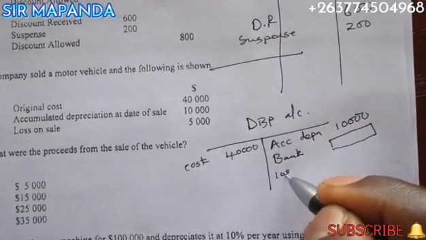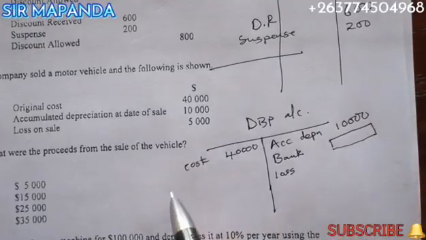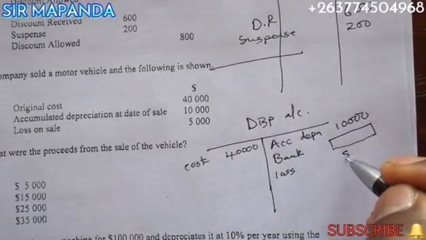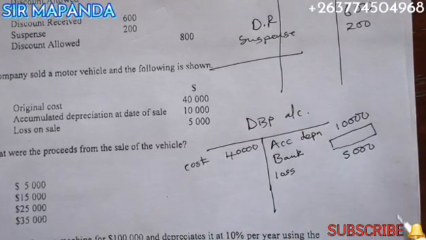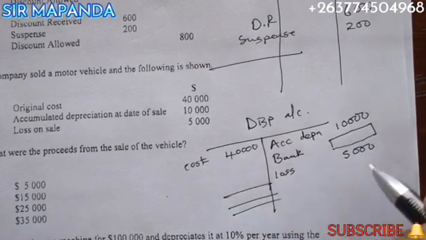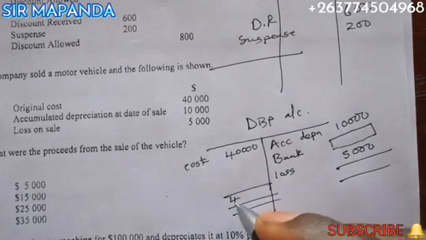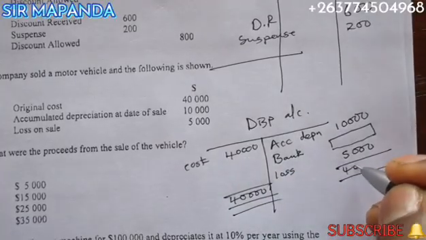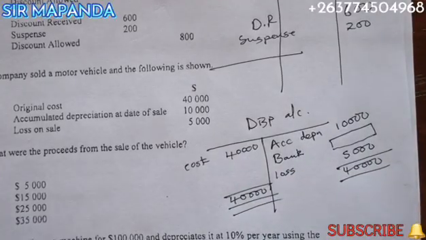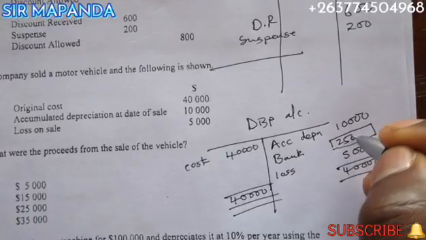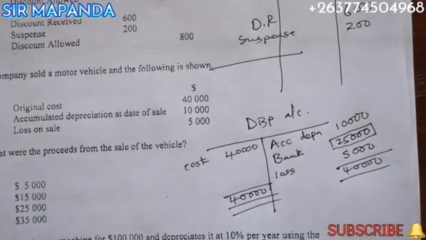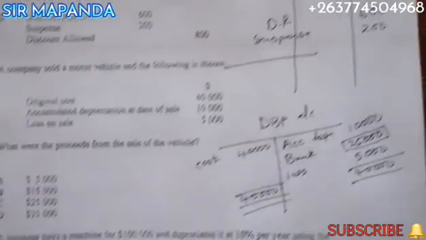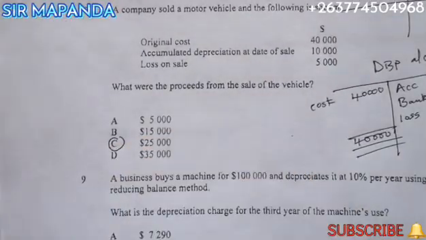Loss is credited. If it was profit, you put profit on the debit, but here we have a loss of 5,000, which is credited. So to find the bank balance, add the debit total, you get 40,000, then you put 40,000 on both sides. So 40 minus 5 minus 10, you get a balancing figure of 25,000 on the bank balance. So my answer here is C.